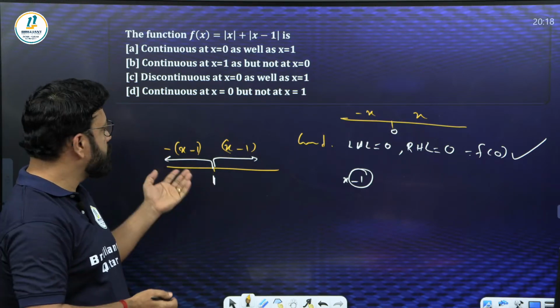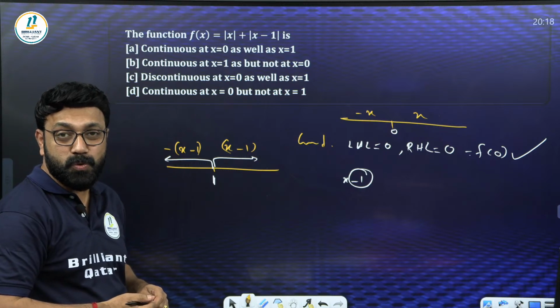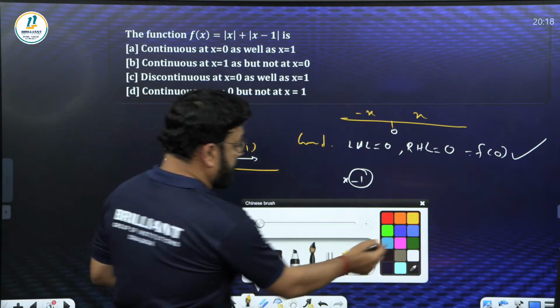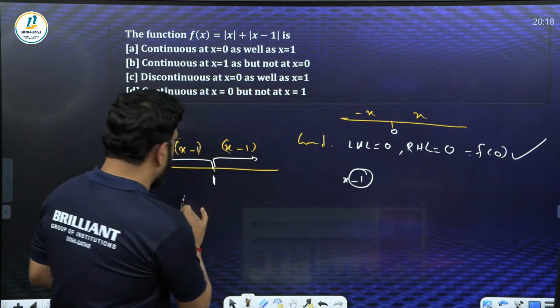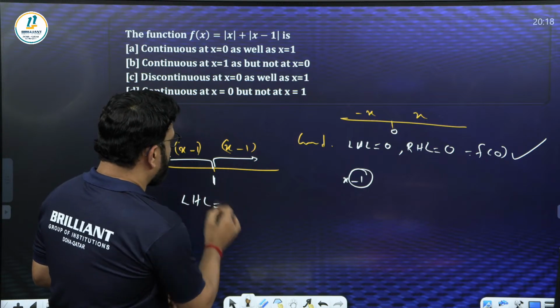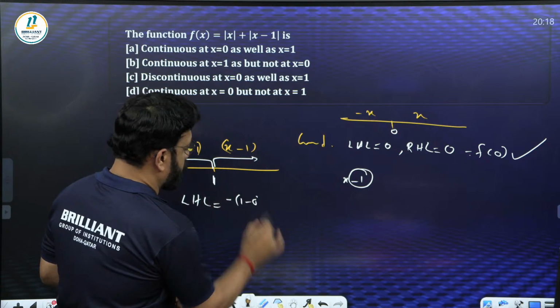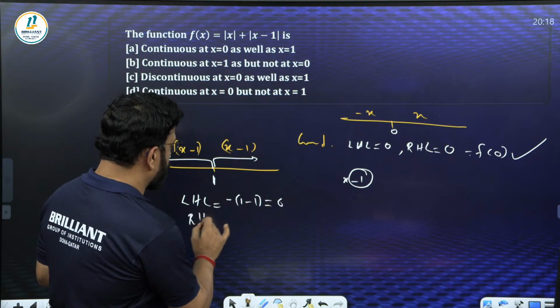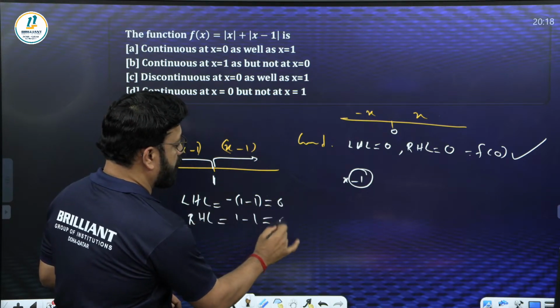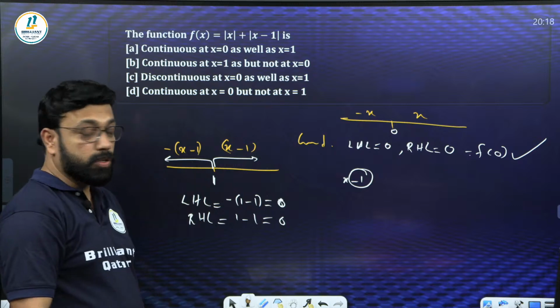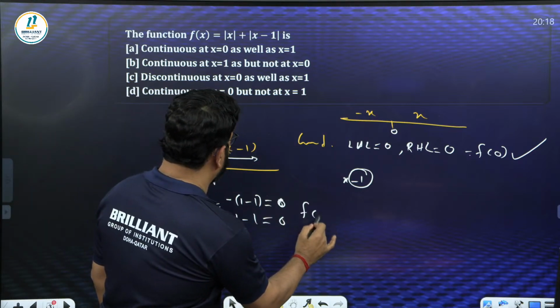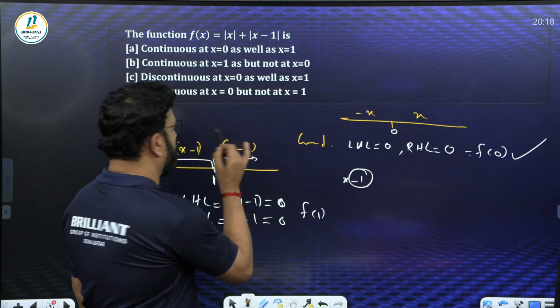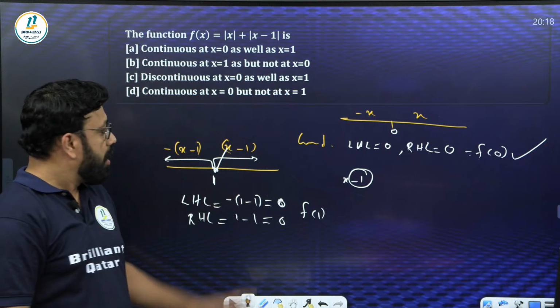Same idea. We substitute the value at x equal to 1. What will we get? At x equal to 1, LHL goes to minus of 1 minus 1, which is 0. RHL is 1 minus 1, which goes to 0. LHL equal to RHL, also equal to f of 1. Directly substitute f of 1 here, we get 0.